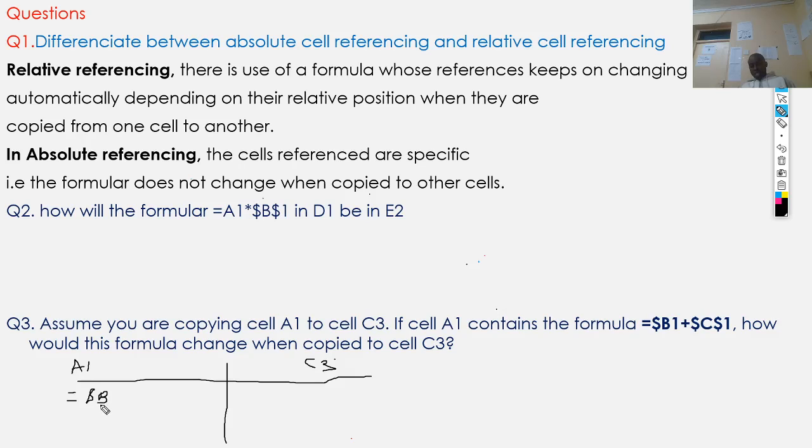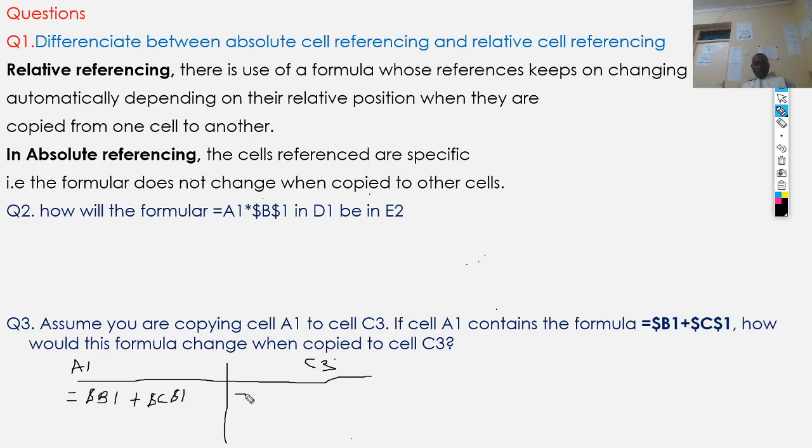Remember, it's only B that is absolute, because 1 does not contain a $ sign, so it's not absolute. It is relative. Then plus $C$1. Remember, both are absolute, so this will not change.